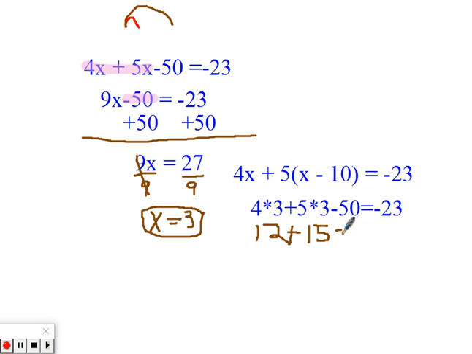Minus 50 equals negative 23. Now we can do a little bit of mental math here. 12 plus 15 gives me 27. And 27 minus 50 should give me negative 23.